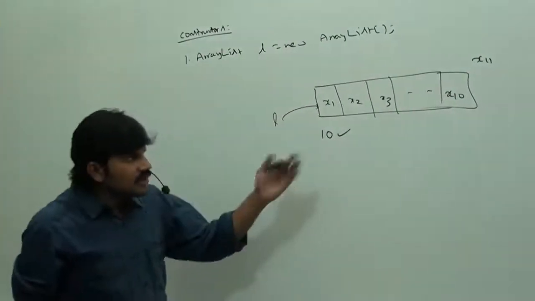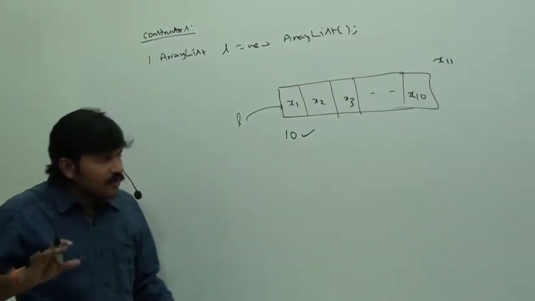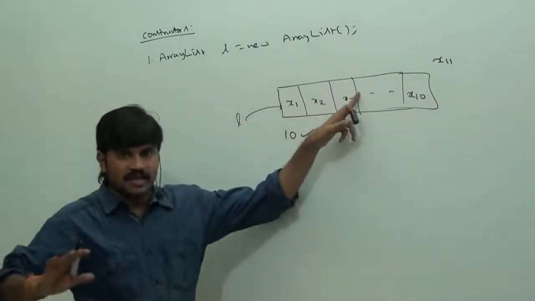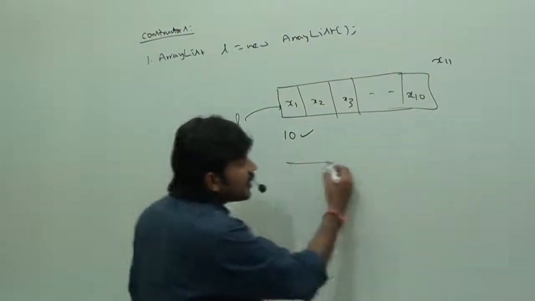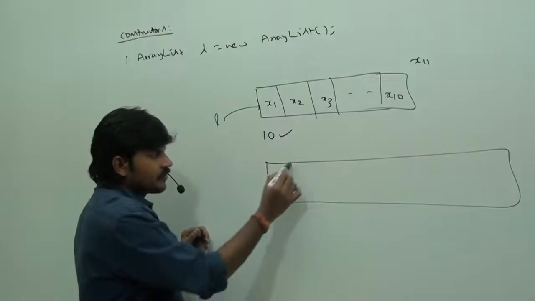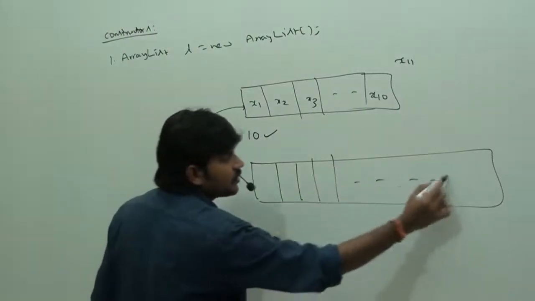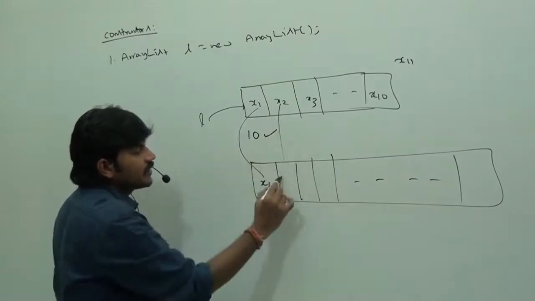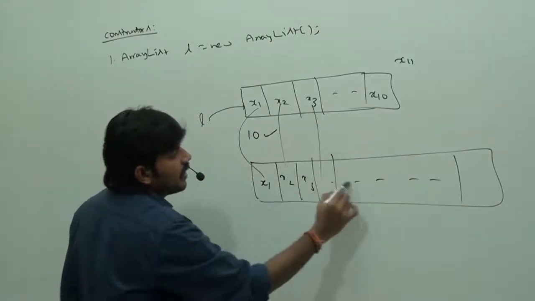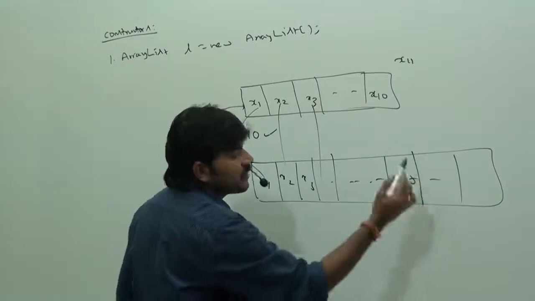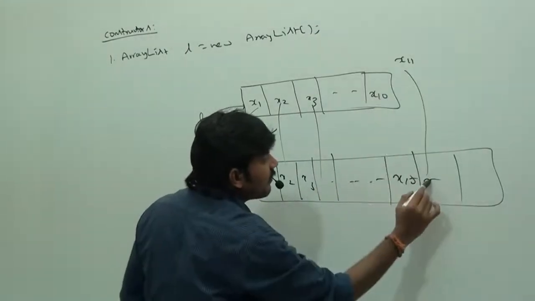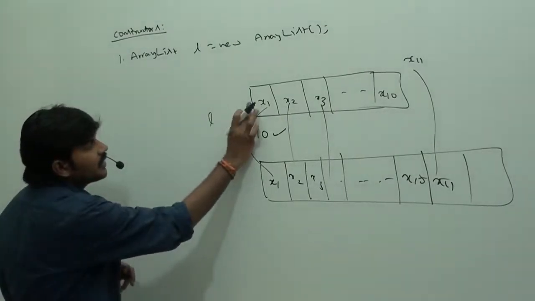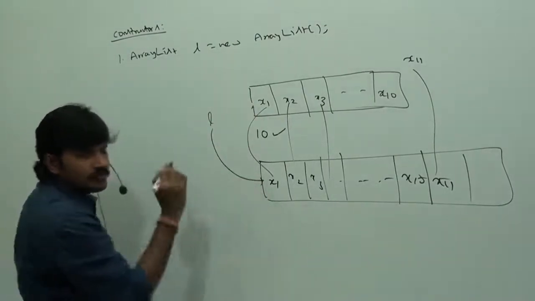If I try to insert the 11th object, internally what will happen is, once ArrayList reaches its max capacity, a bigger ArrayList object is going to be created. Copy all these, x1, x2, x3 and so on up to x10, and then x11 is placed, and the reference variable is reassigned to the new object.